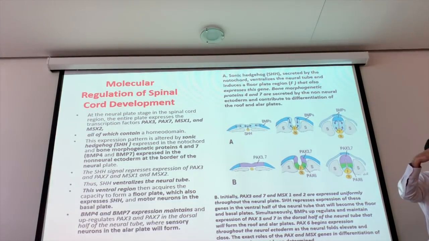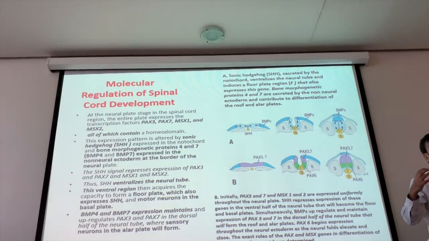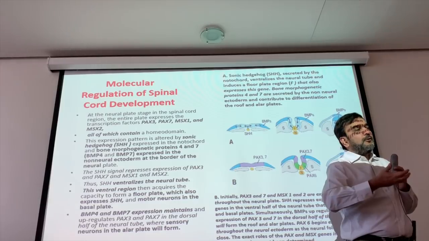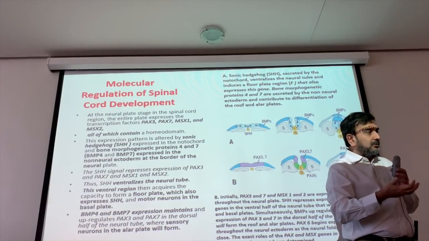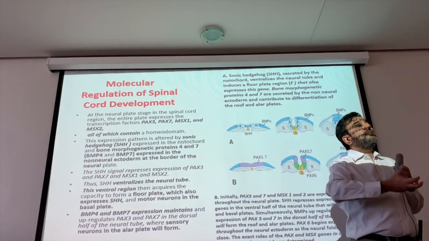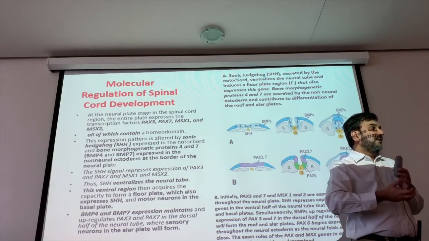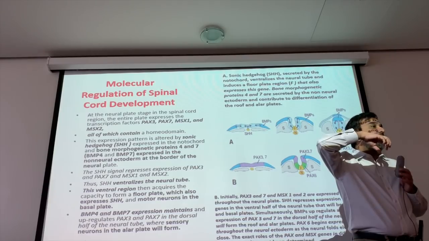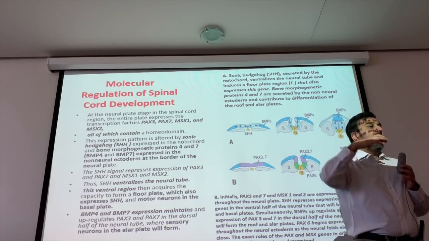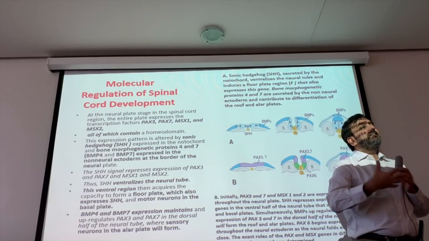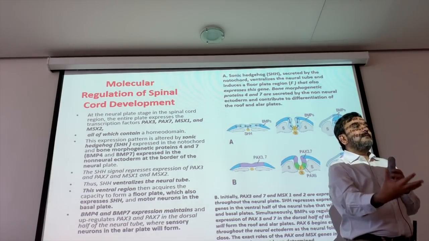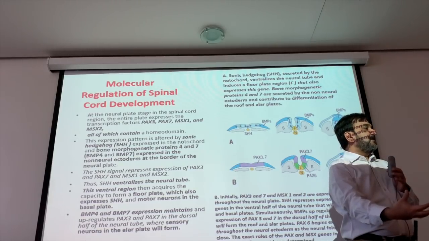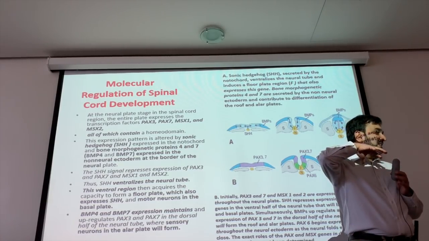The quantities of TGF-beta and sonic hedgehog are important, because in the floor plate of the spinal cord, you have high quantities of sonic hedgehog, while in the roof plate of the spinal cord, you have high quantities of TGF-beta. And these quantities will determine the formation of the basal plate and alar plate. The basal plates are motor neurons, alar plates are sensory neurons.